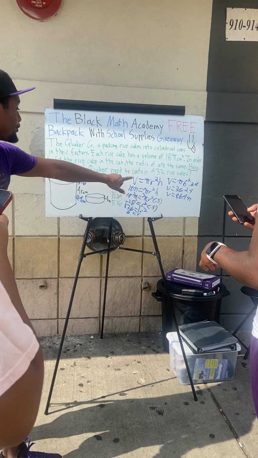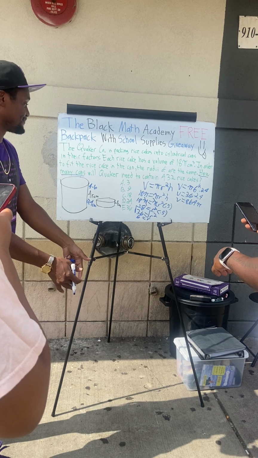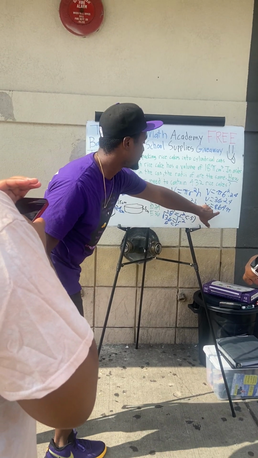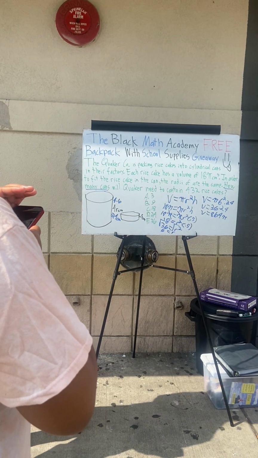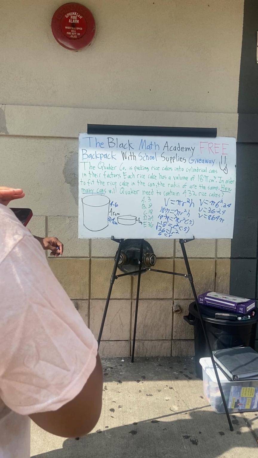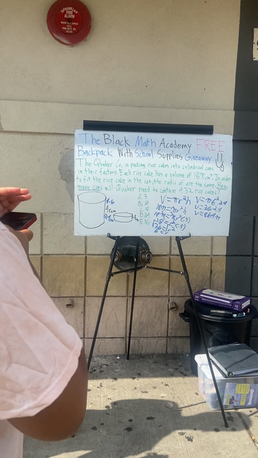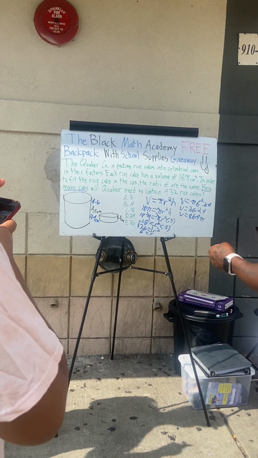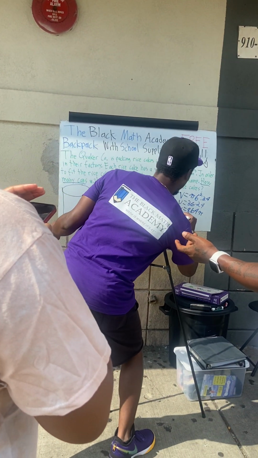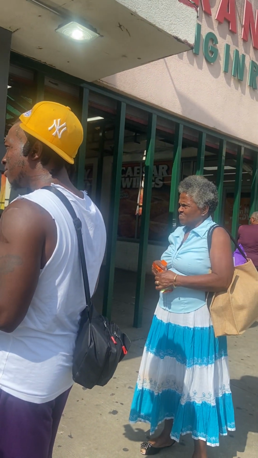Now we know that we have 432 rice cakes to put into cans. So if one can has this much, we divide. 864 divided by 432? That's 2.